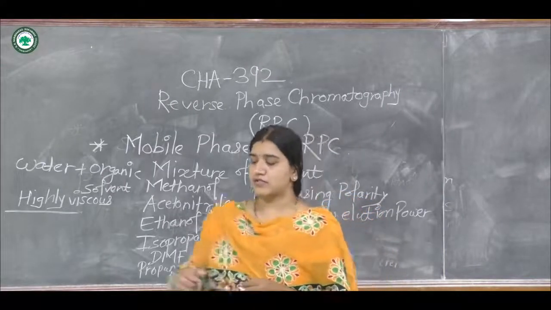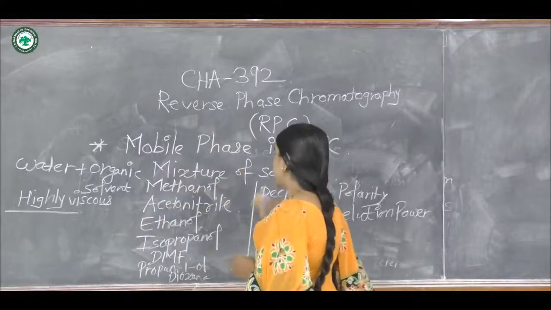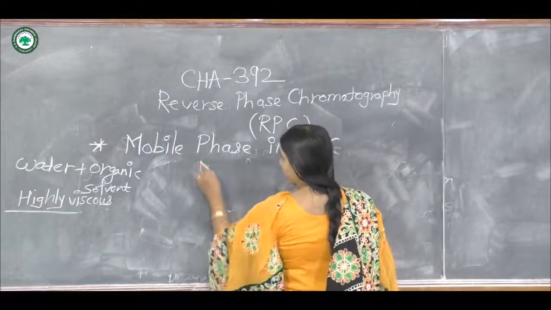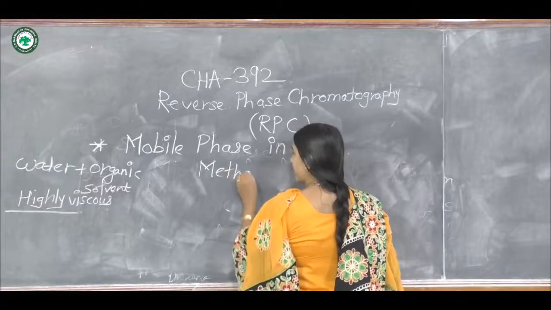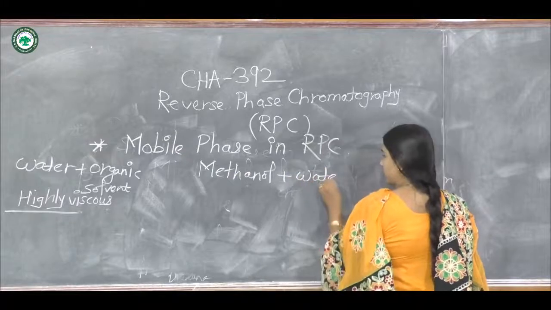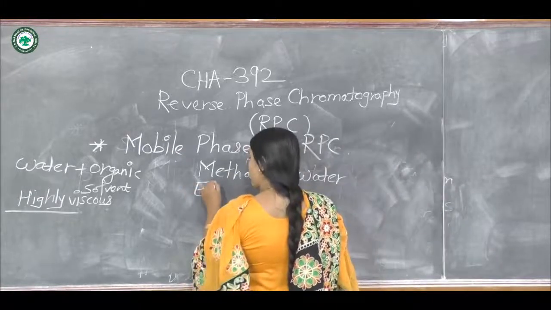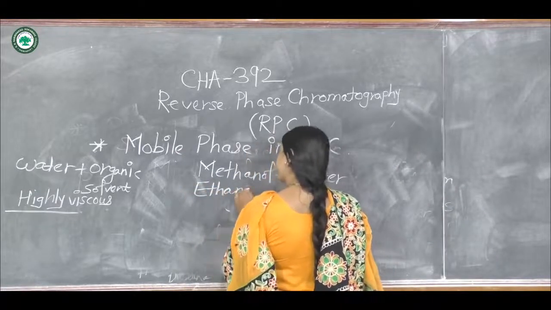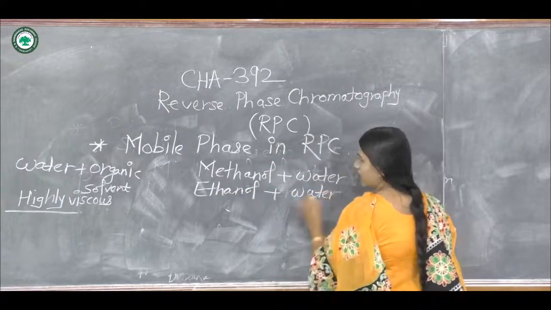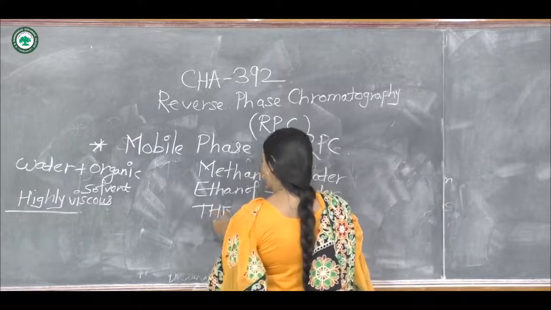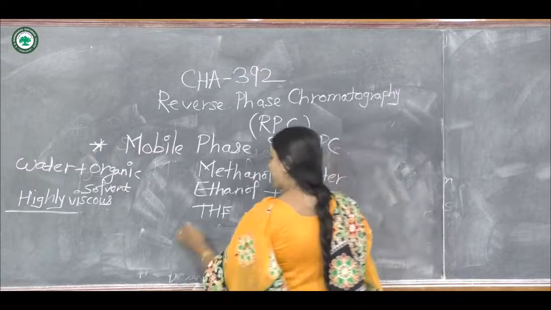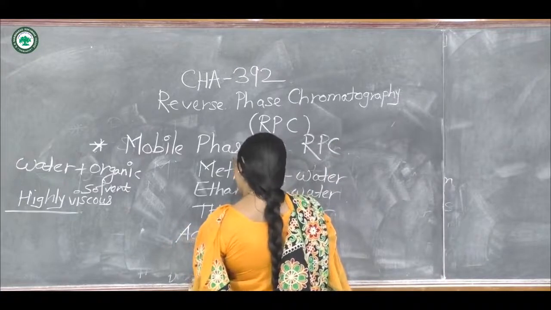Hence, what are the frequently used mixtures for the RPC? This is our next point of discussion. You are using methanol water, ethanol water, tetrahydrofuran plus water, and acetonitrile plus water.